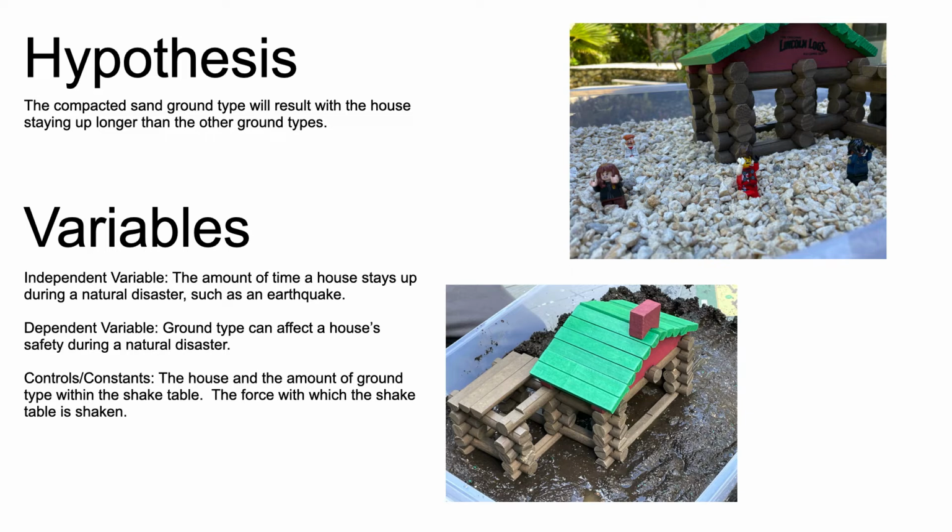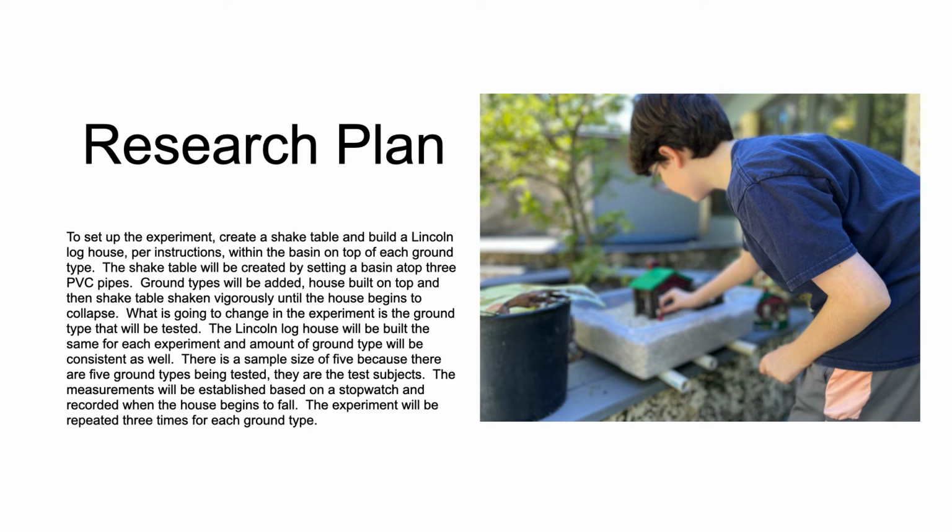My controlled constants are the Lincoln Log house, the amount of time, and the amount of ground tested, as well as the force the shake table was shaken. For the experiment, I created a shake table and built a Lincoln Log house on each of the 5 ground types tested.